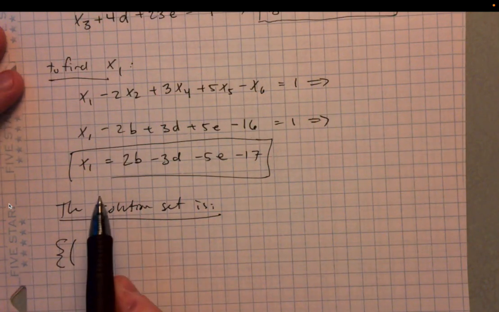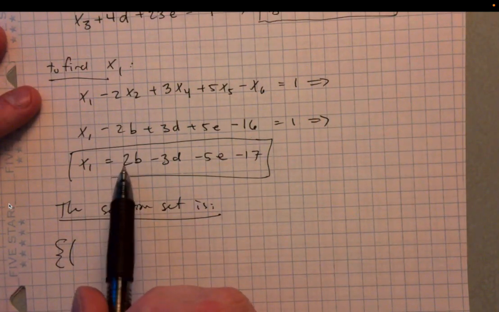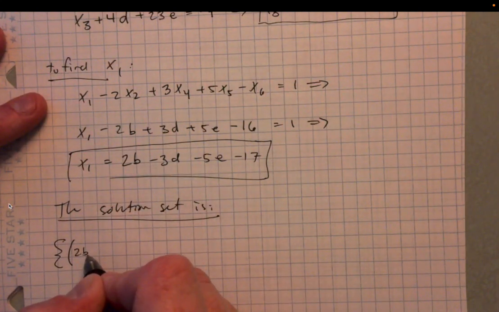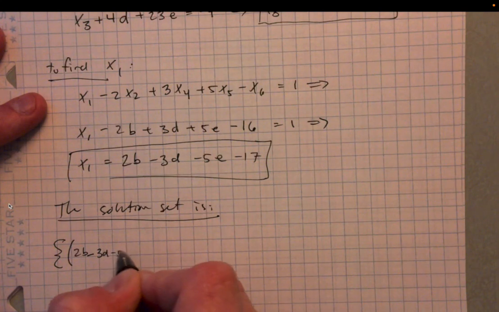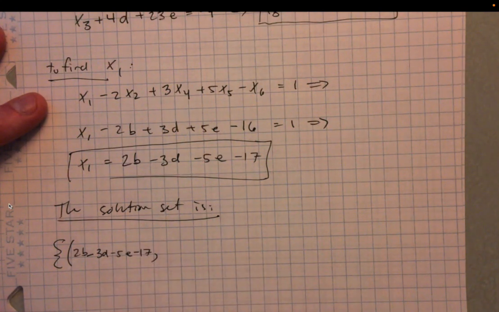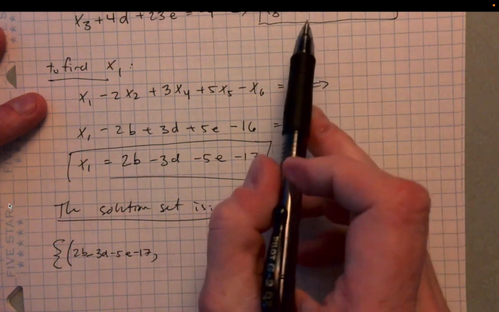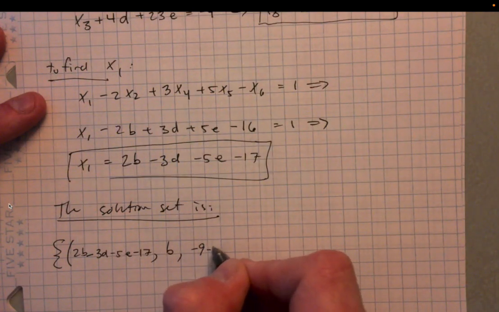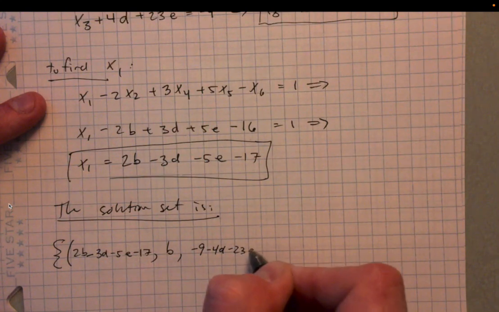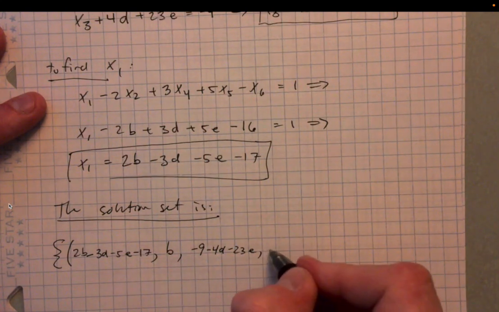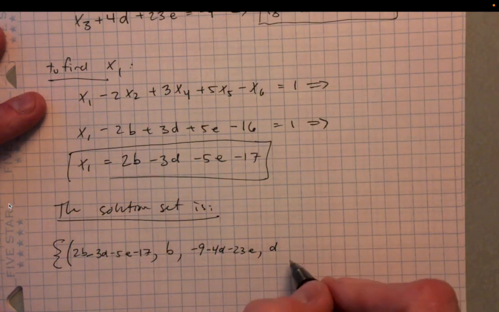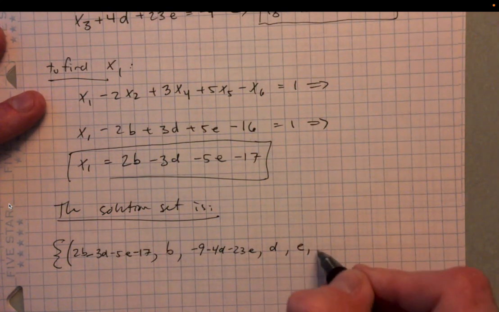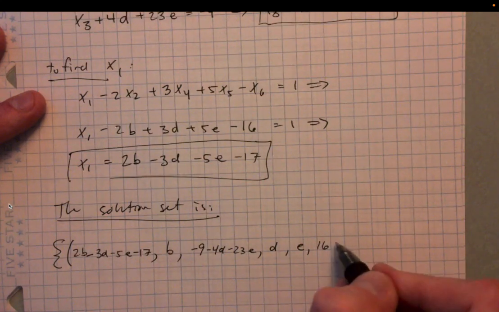It's going to be a 6-tuple, and x1 is this big old thing: 2b minus 3d minus 5e plus 17, that's your first component. x2 is b, x3 is -9 minus 4d minus 23e, x4 is d, x5 is e, and x6 is the number 16.